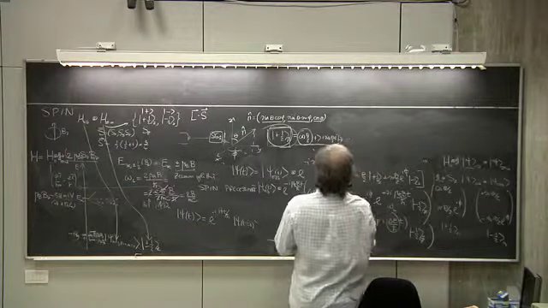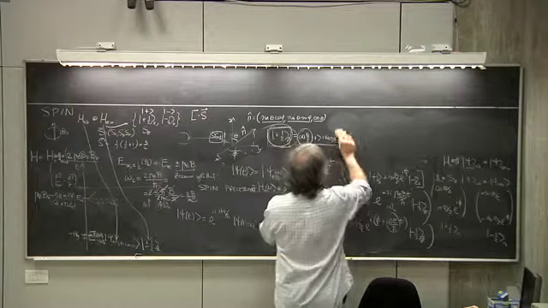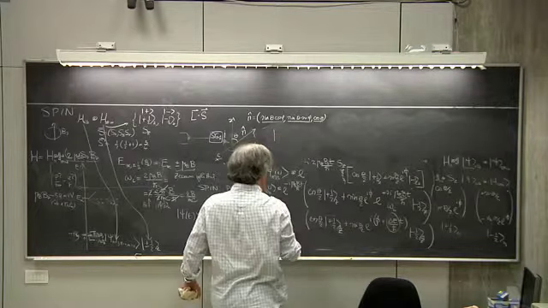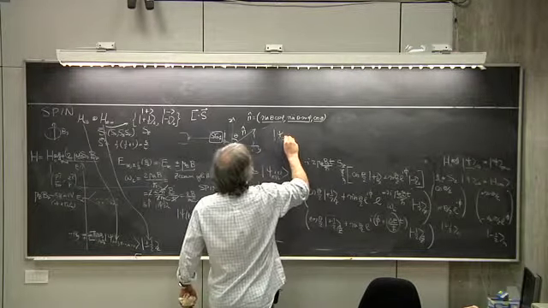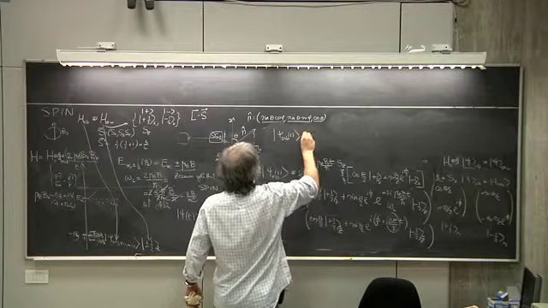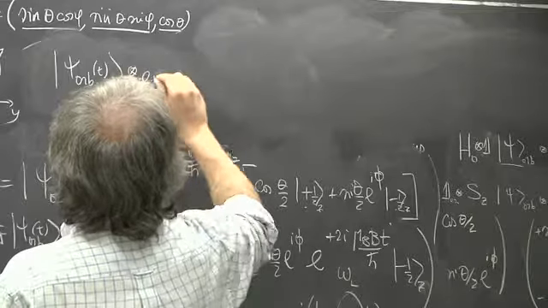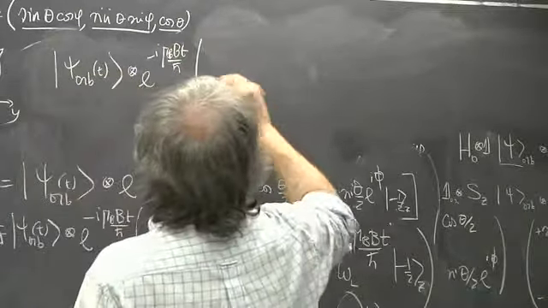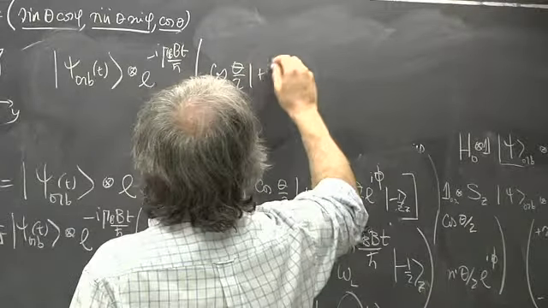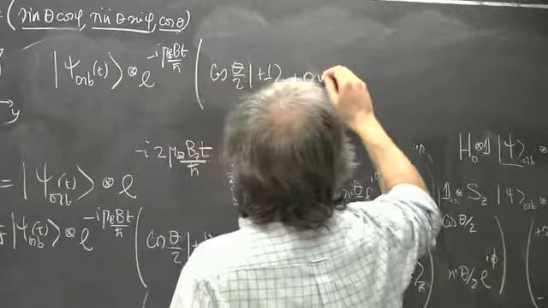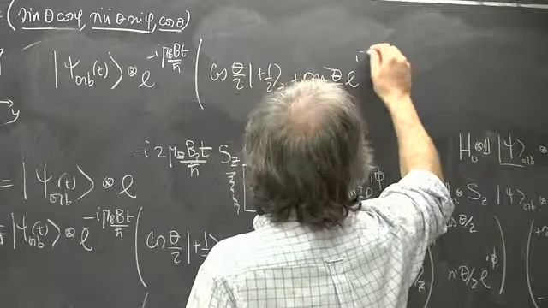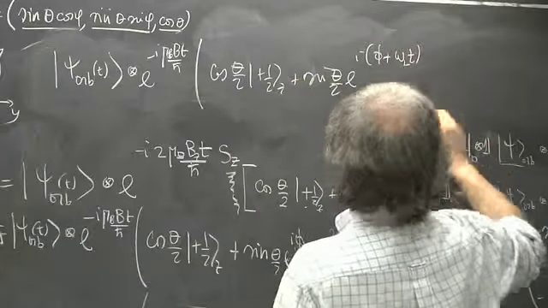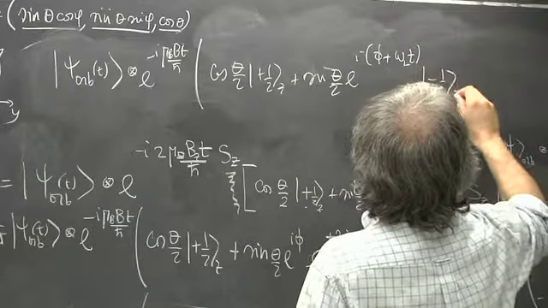So the state at time t is essentially an orbital part at time t times a certain phase here, e to the minus i mu B t over h bar, times cos theta over 2 plus 1/2 plus sine theta over 2 e to the i phi plus omega L t times minus 1/2.